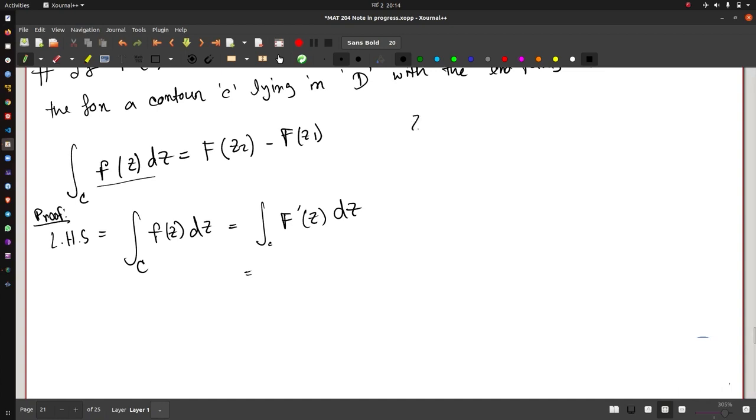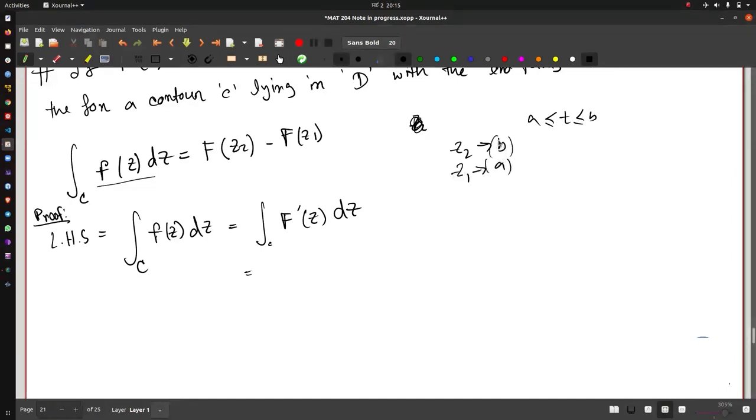Okay, and this z2, before we note which point is what, let's say our parameter has this interval a b, and z2 corresponds to the endpoint. That means this should correspond to the point b, z2, and z1 would correspond to point a.